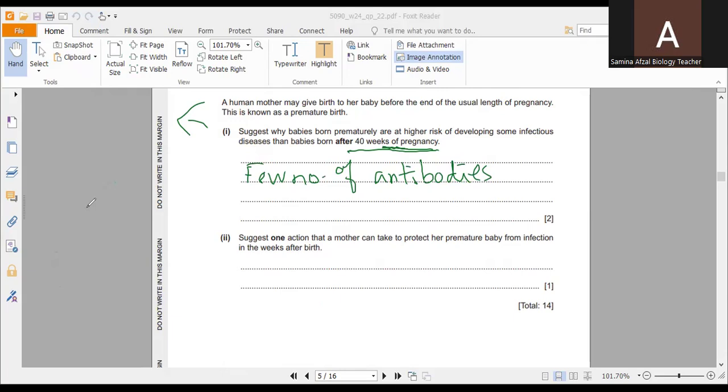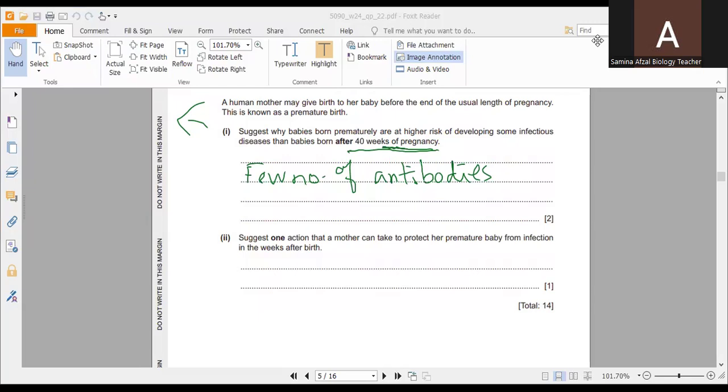But when they are born prematurely, they are kept under different conditions to save them from different types of infections. Because they have few antibodies, there is reduced transfer of maternal antibodies.